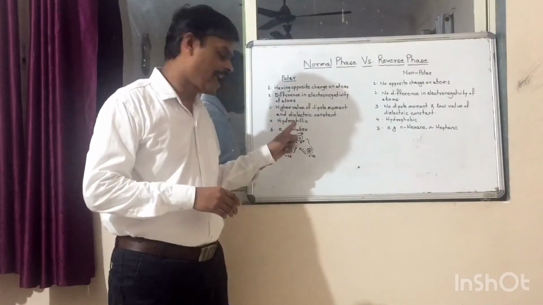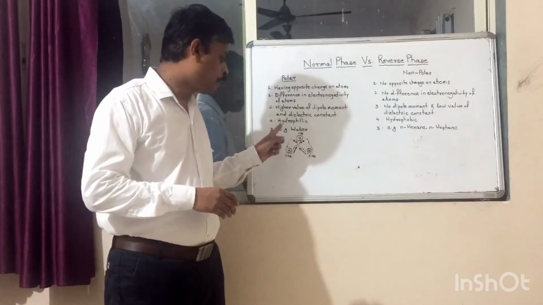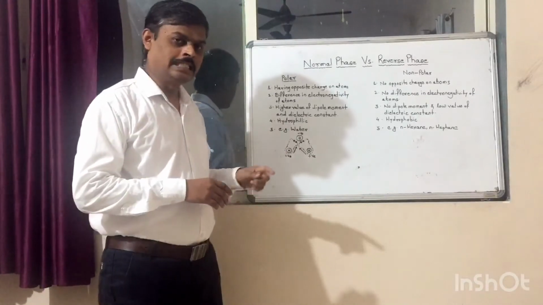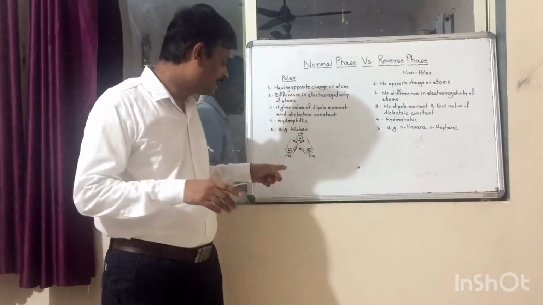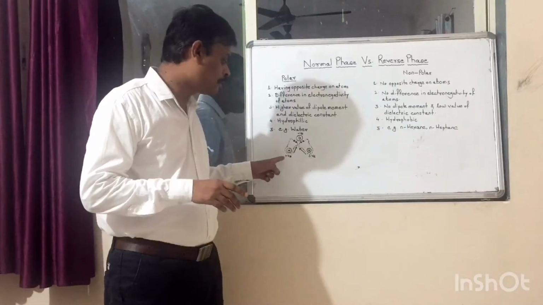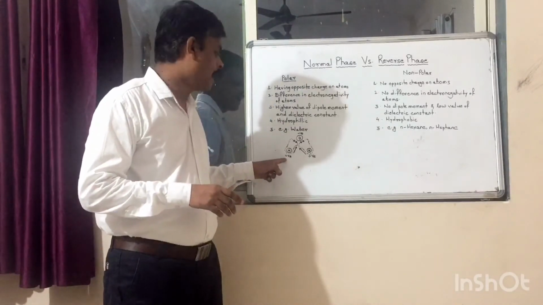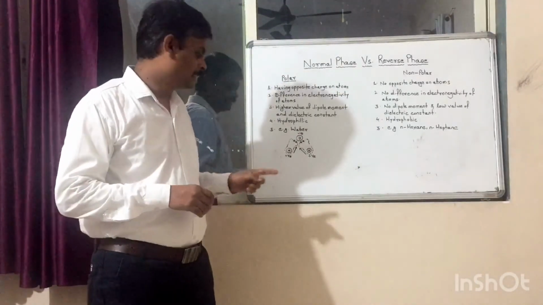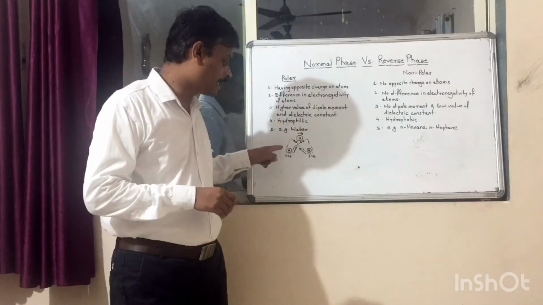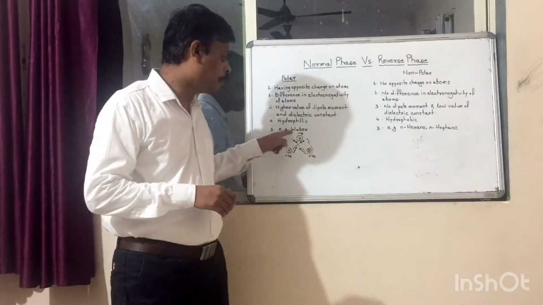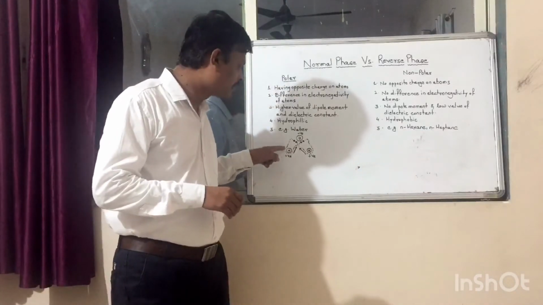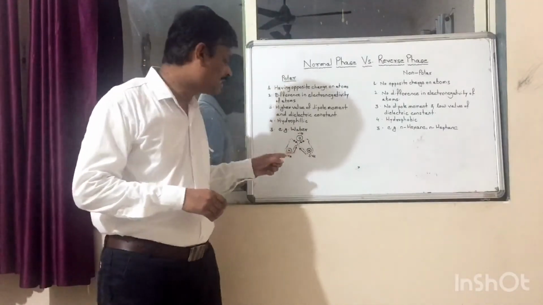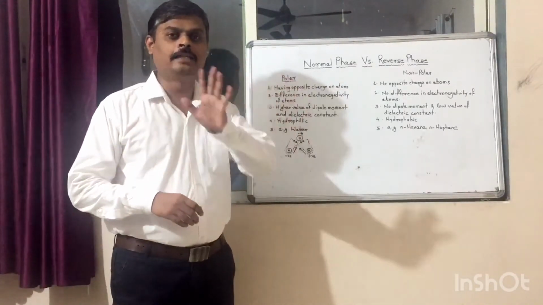Hence, oxygen has a tendency to pull the shared pair of electrons towards itself. This makes the region of hydrogen positively charged and the region of oxygen negatively charged. Hence, the existence of these two opposite charges and the difference in electronegativity of hydrogen and oxygen makes the water molecule highly polar.